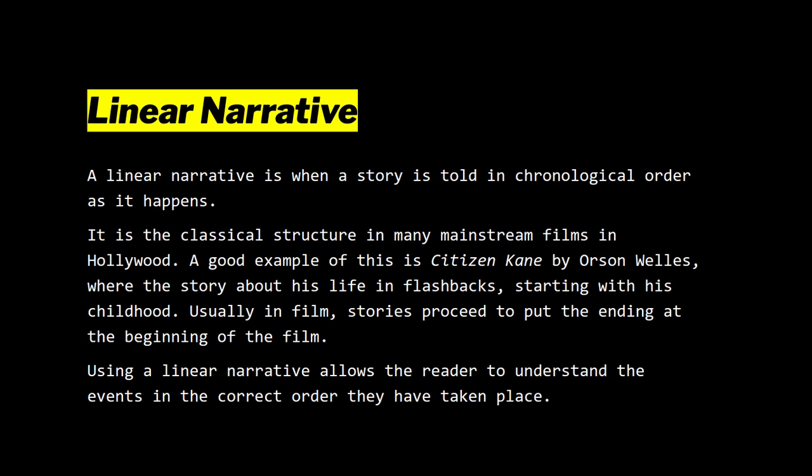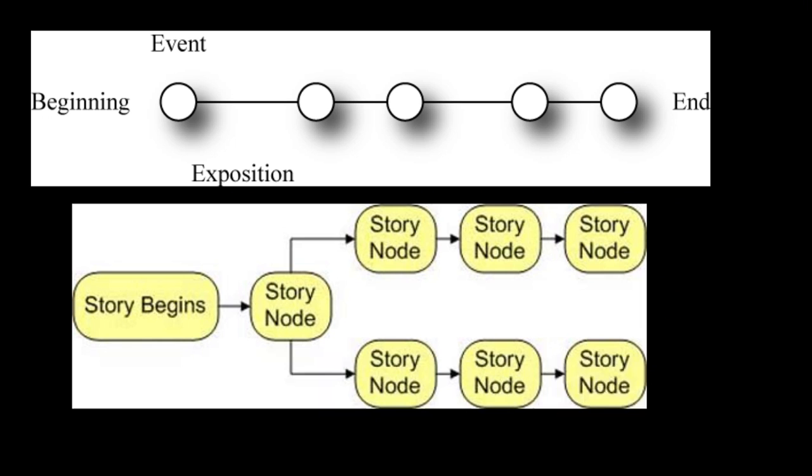So using a non-linear narrative allows the reader to understand the events in the correct order in which they have taken place. So there's a line, a beginning and an end of the line. And the event is happening in the beginning. And exposition normally happens in the beginning as well. And you can see how much of a line this story is.